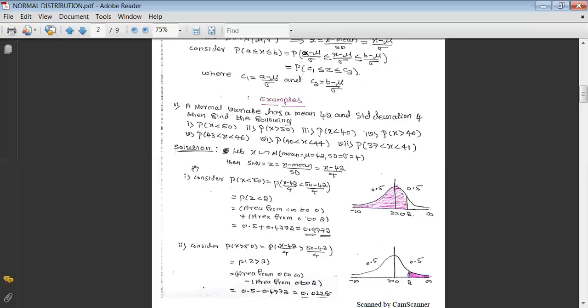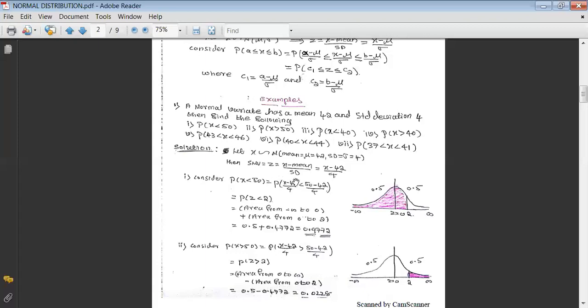Now let us consider the first one, that is the probability that x is less than 50. Now it is normal presently. In order to get its probability, first let us convert that to standard normal using the rule: subtract mean and divide by standard deviation.